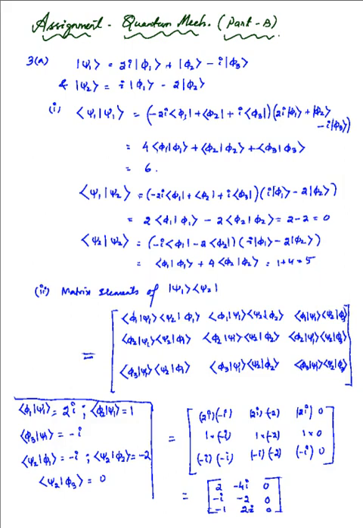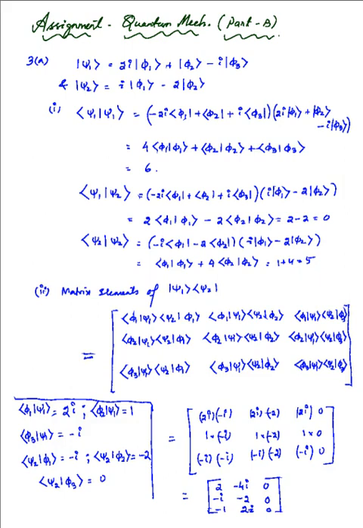The inner products are pretty simple because, as I've already mentioned in one of my earlier videos on quantum mechanics Hilbert space, you can compare them to the three-dimensional orthogonal coordinate system.